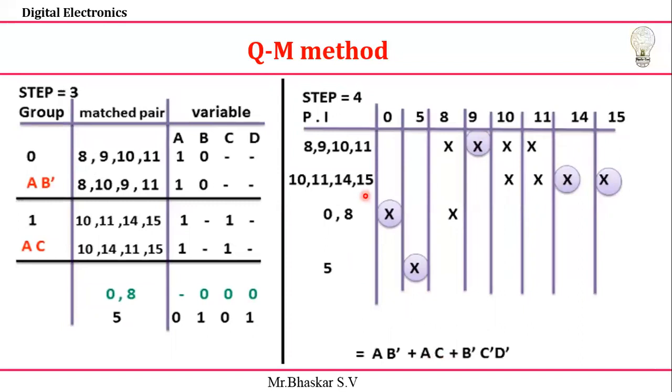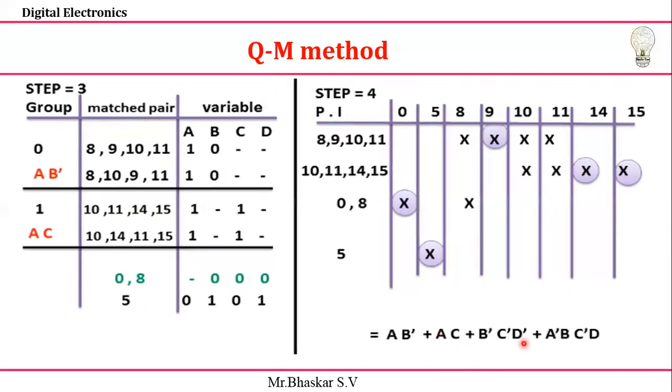So for 0 comma 8, it is nothing but B bar, C bar, D bar, and next it is A bar, B, C bar, D. So this is the reduced Boolean expression we are getting from the tabulation method. Hope you understand this one. So this is the way, so try to solve more and more problems. Thank you.